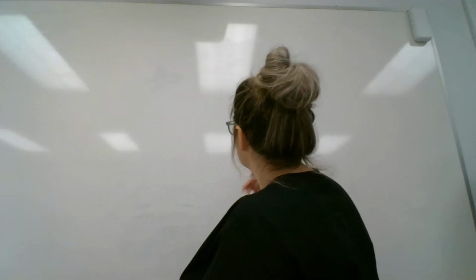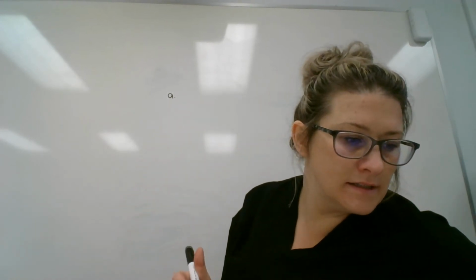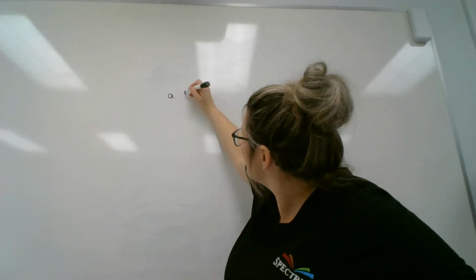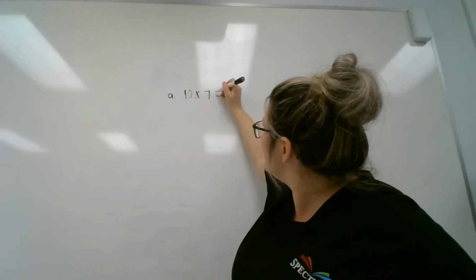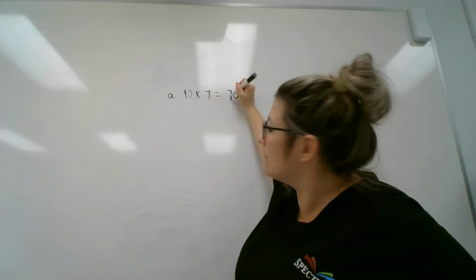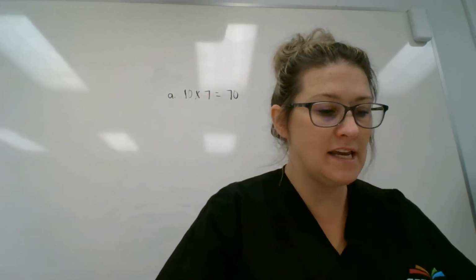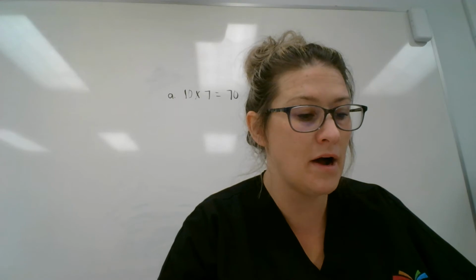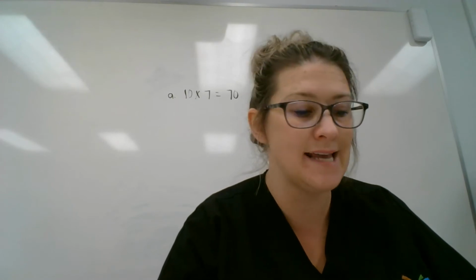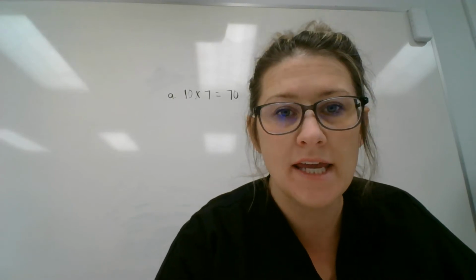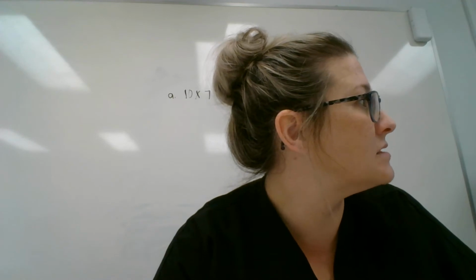For A, it looks like this: 10 times 7 equals 70. 70 is not a prime number, but I'm going to look at 10 and 7 so I can see how I can get to 70 using prime numbers.